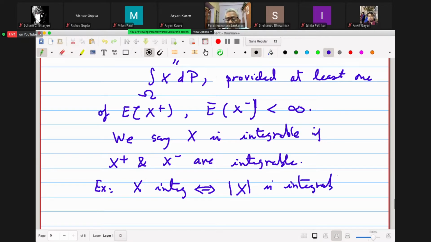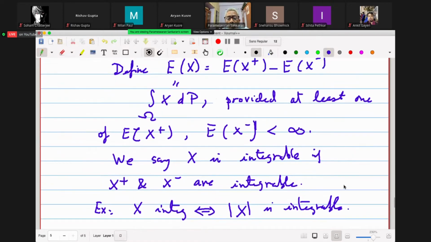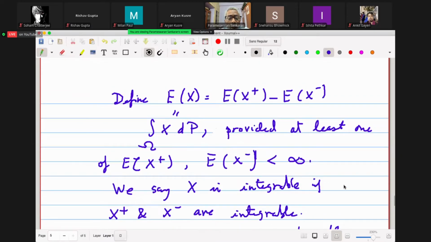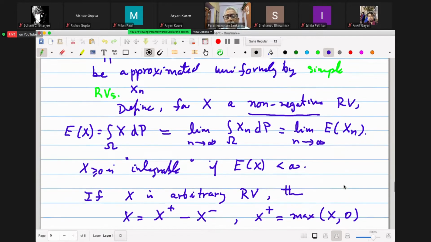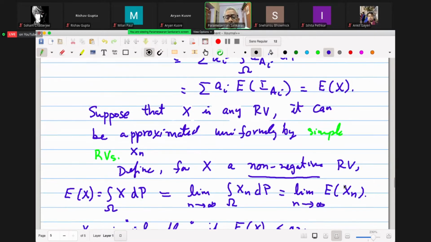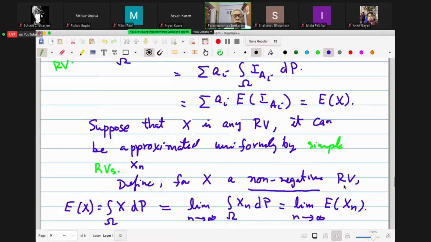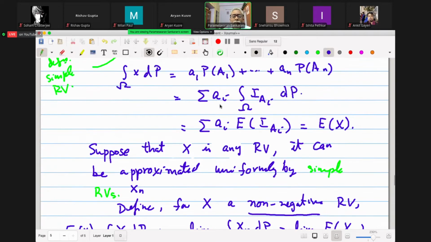Sir, I didn't get why we needed to break it into non-negative parts. Otherwise this limit may not exist. When you have a finite sum, i equals 1 to n, there is absolutely no problem.